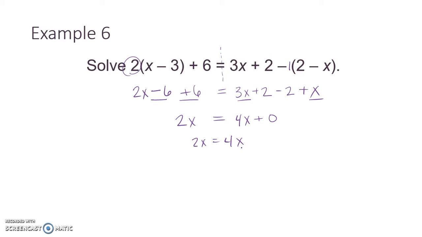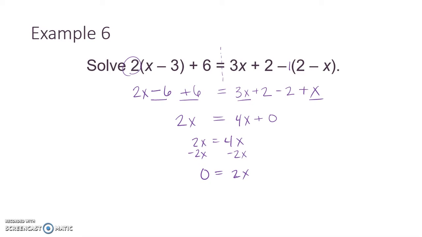So this might look a little intimidating. It might look like, well, if I move my 2x over to this side, there's going to be nothing left over here. Well, don't get too excited about it. What happens when you get 2x minus 2x? What are you left with? Well, you're left with 0.